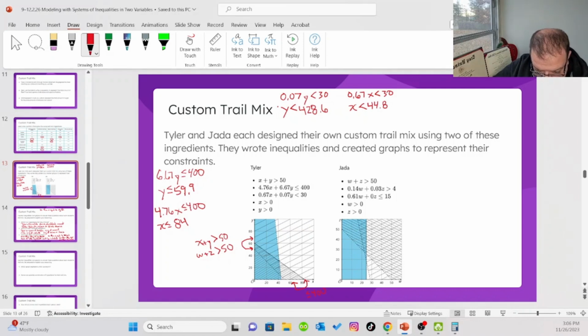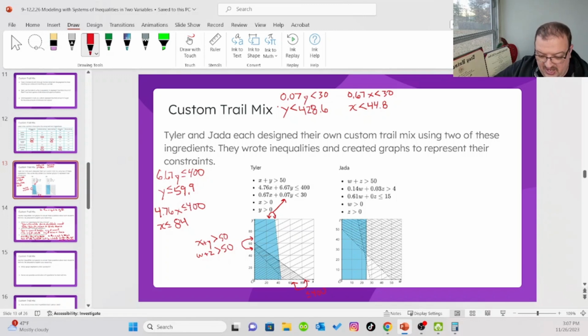And we can see that right here. So the light blue shading and this line here is going to be this inequality. And then it just has to be in the first quadrant.